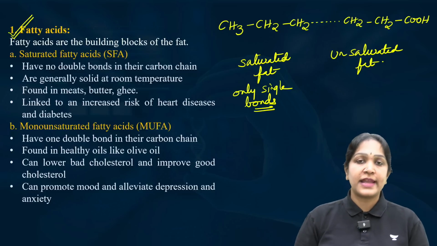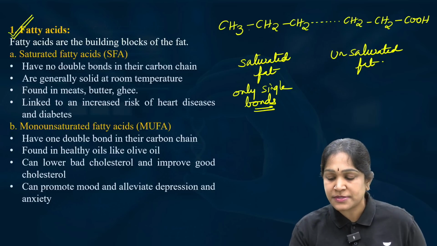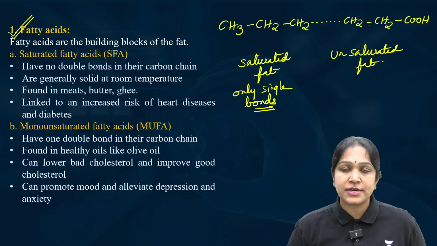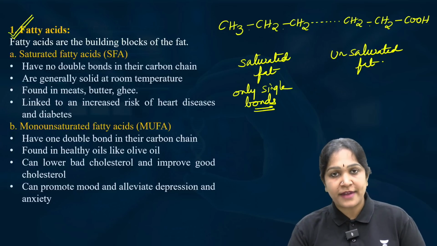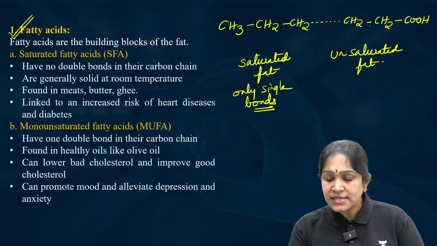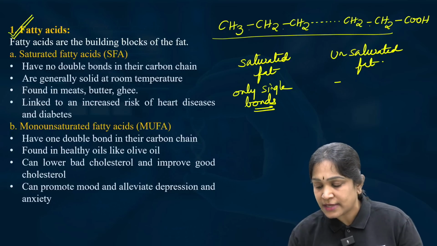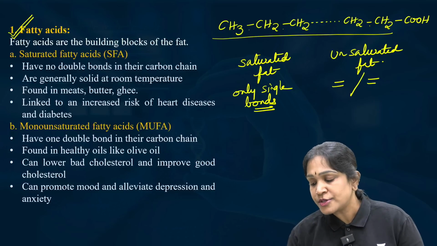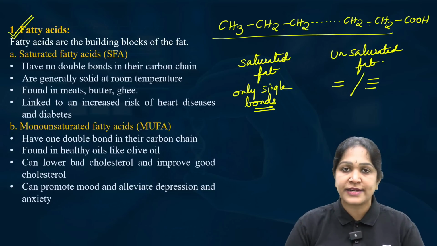We do not find any multiple bonds, that is double bond or triple bond. You can observe all the single bonds in this carbon chain. Such a fatty acid is called saturated fat. But in this carbon chain, if you have any multiple bonds, that is a double bond or a triple bond, a multiple bond, then we call it unsaturated fat.